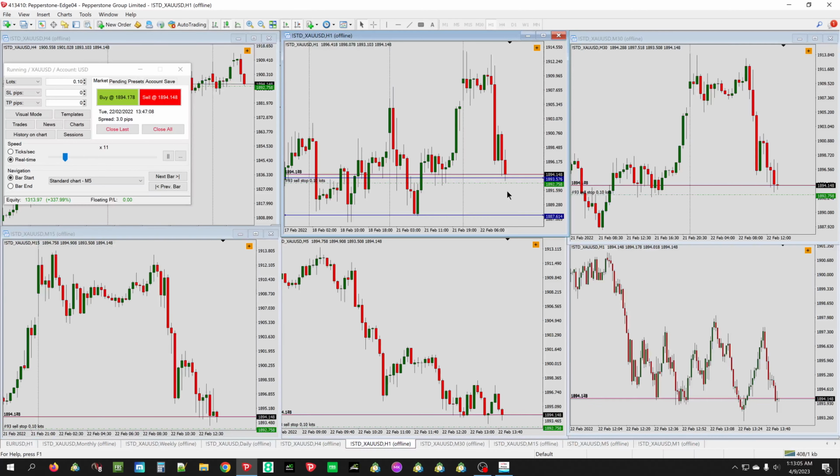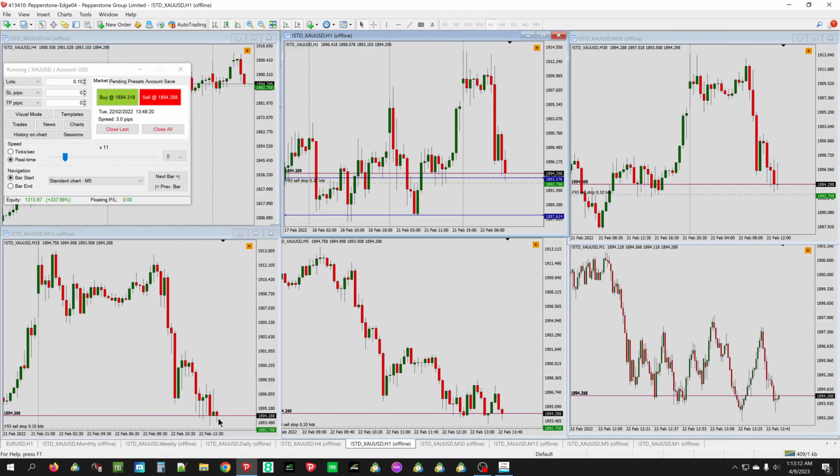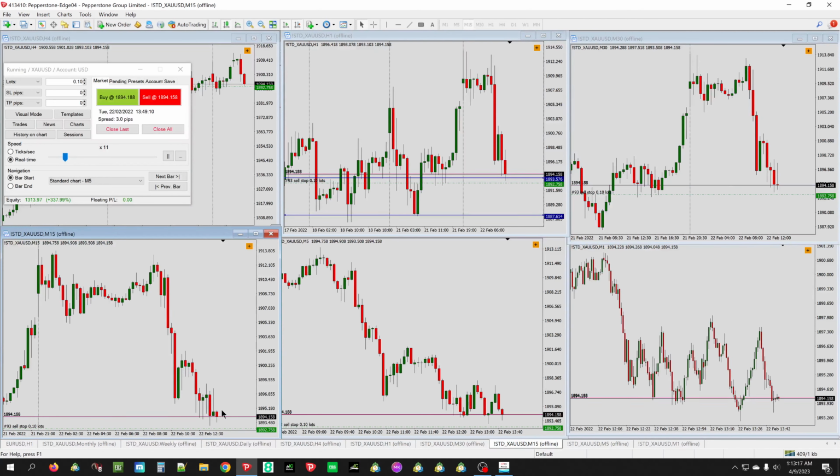48 pips of range if we break below this area. Yeah, in M15 we are breaking below previous M15 low. We need to break below these lows for a better execution.